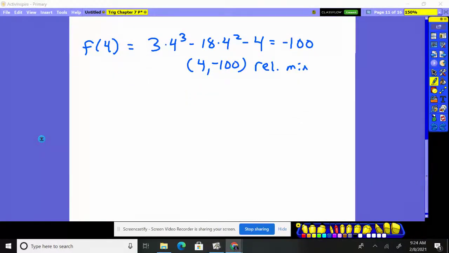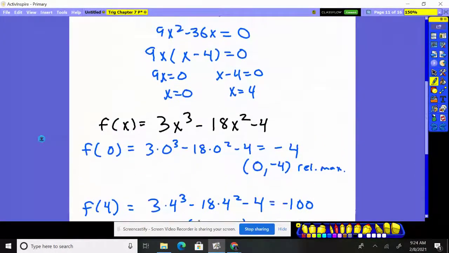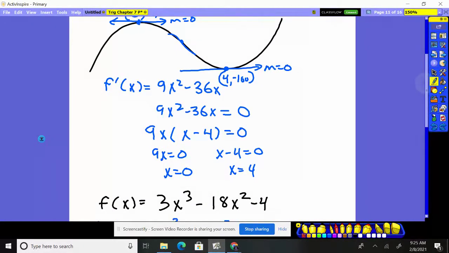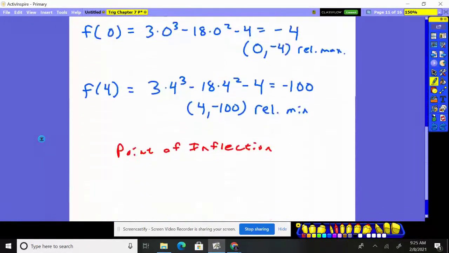The point of inflection. So how do I find the point of inflection? You take the second derivative and set it equal to 0. Do the same process. So our original derivative was 9x squared minus 36x. So if we take the derivative of that, it's going to be 18x minus 36.